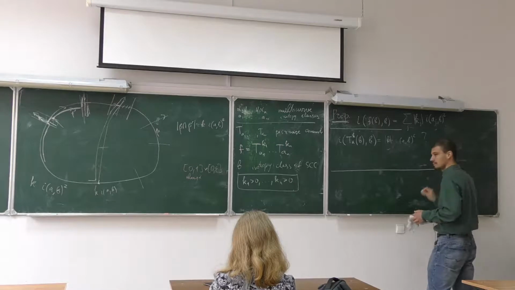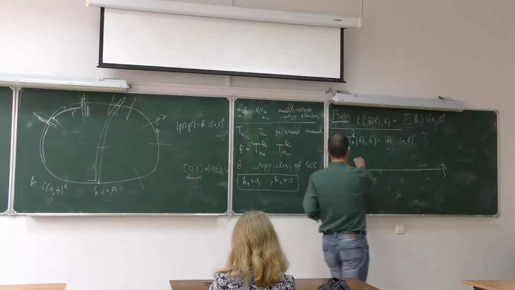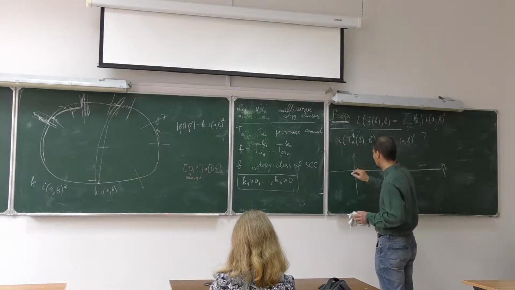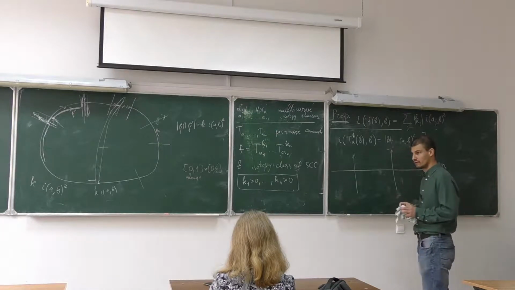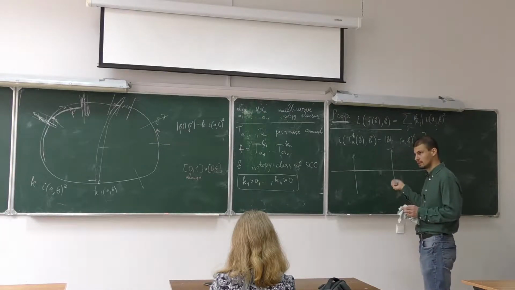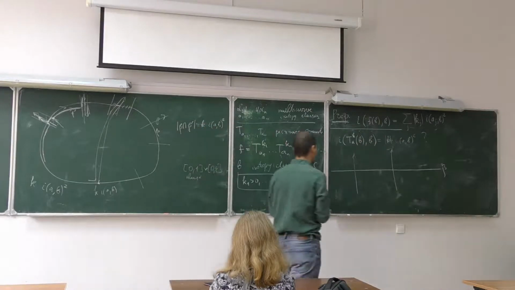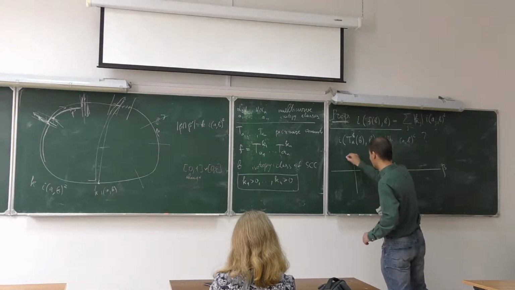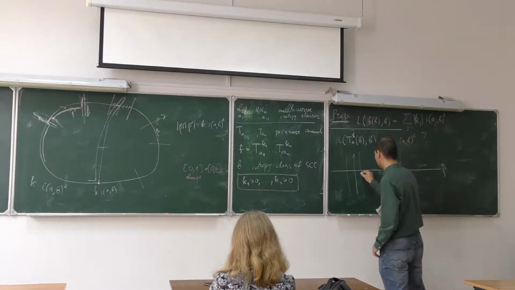This is beta. And we have two consecutive crossings with alpha. Here we have two cases. It is possible that these two intersections are of the same sign or of different signs. Here we have these strips, and we have the following situation.